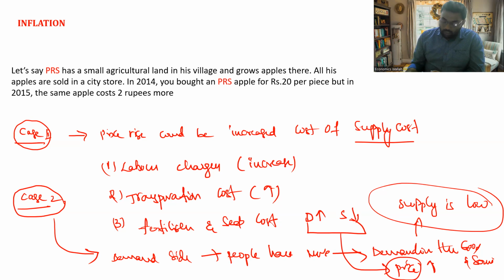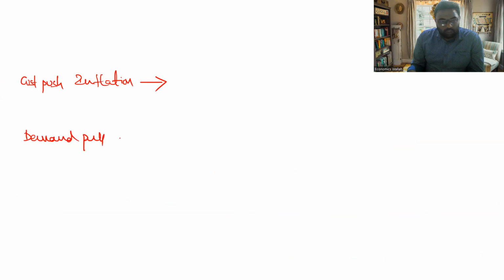In the first case, it is generally known as cost push inflation. Because of cost pushing, inflation is occurring in the economy. The second is demand pull inflation, where the demand is pulled based on our needs.